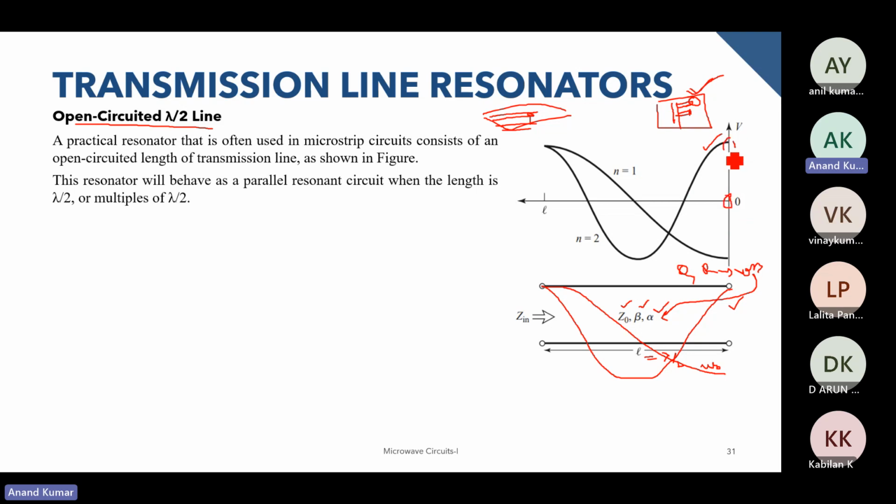Since it is open circuit, the voltage will be at the maximum. So for the resonance case, the wave comes over here, reflects from here, and goes back over here. Or if the wave comes as a higher harmonic, reaches the maximum, reflects back from the maximum, and then retraces over here. So we are forming the standing wave like this.